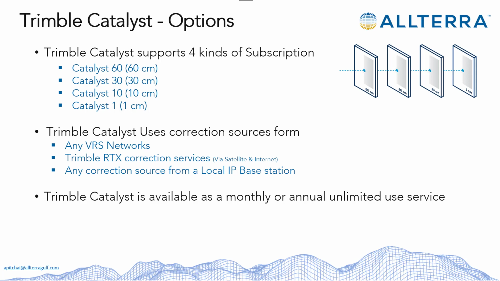Trimble 10 is for the decimeter level, and Trimble 1 is RTK level positioning. These can receive corrections from any of the VRS networks or Trimble RTK correction services, that is via satellite or internet, or any other correction source from your local base using an IP or a SIM card.